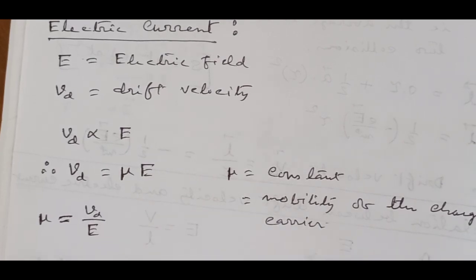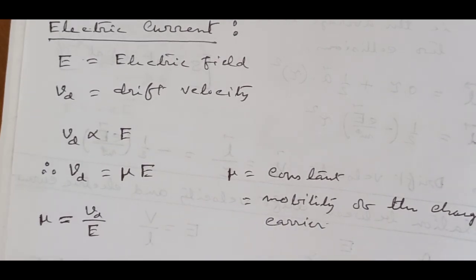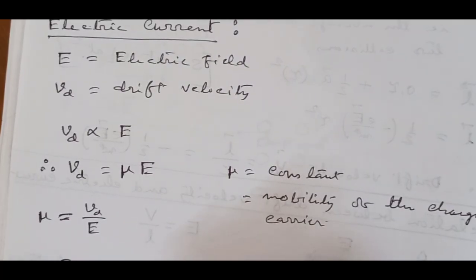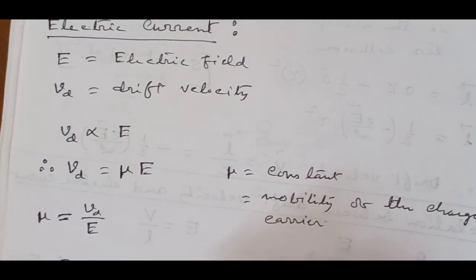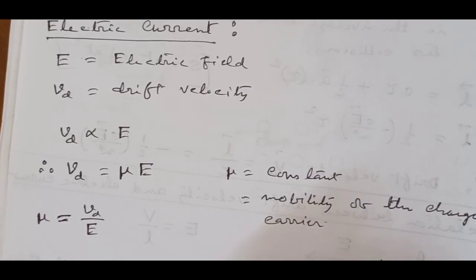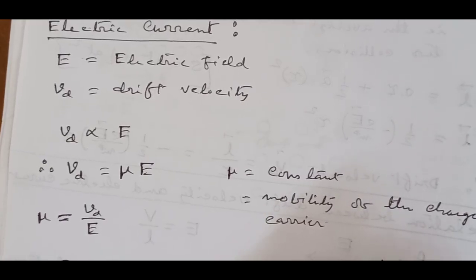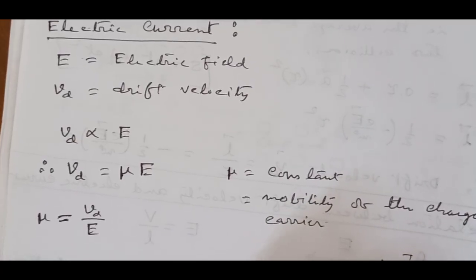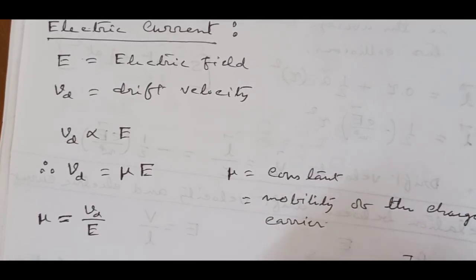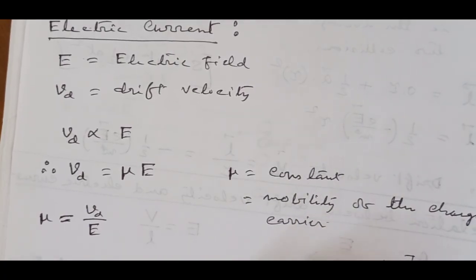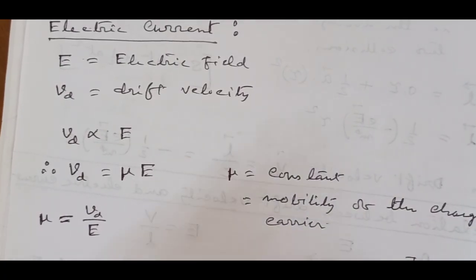Since we have already derived the equation of the drift velocity, Vd is equal to minus half E, the electronic charge, into the electric field by m star, that is the effective mass of electron, into tau, where tau is the relaxation time.